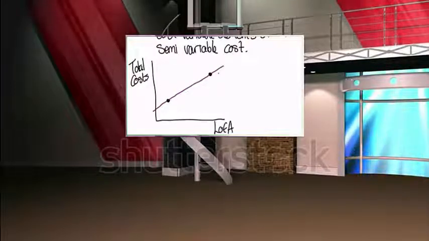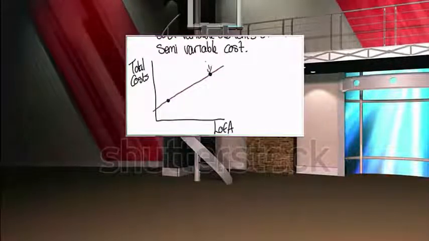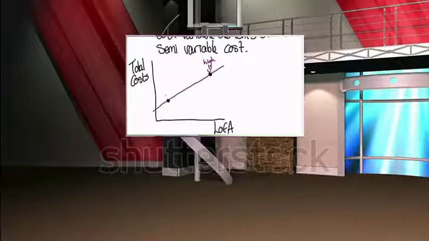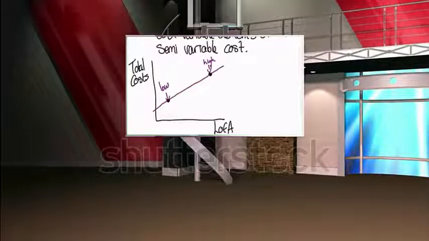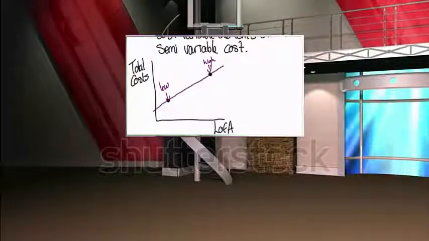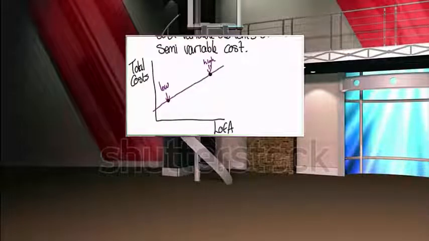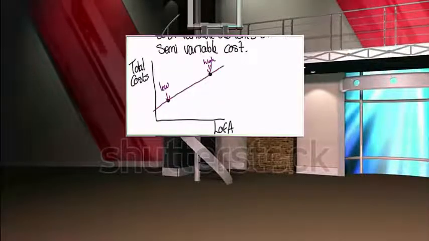So we assume that this linear relationship exists between our high level of activity and our low level of activity. And if we draw the line between these 2 points, then we can use that line to estimate what total costs would be at any other level of activity.